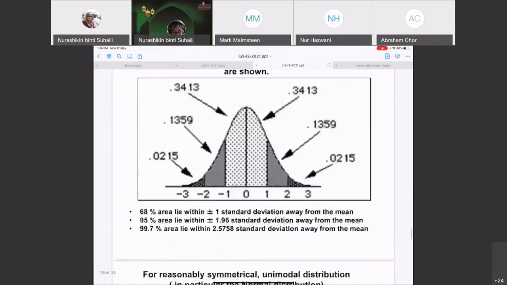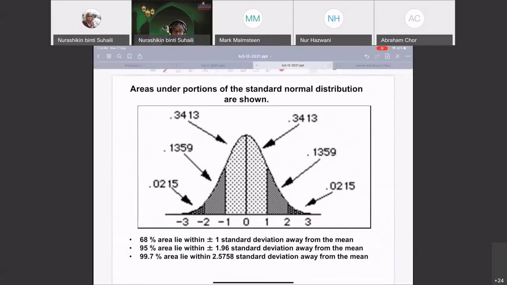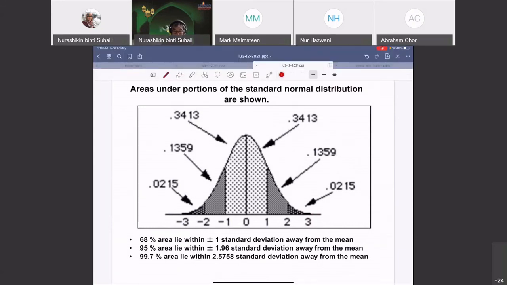So this is just for your information actually. When we talk about the normal distribution, the mean value has been set at 0, isn't it? And when you have plus minus 1 standard deviation, the whole area here is actually 68%.